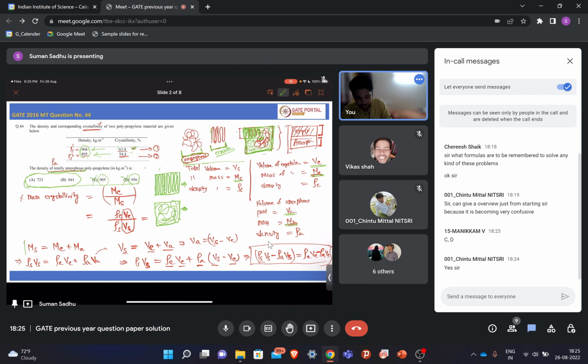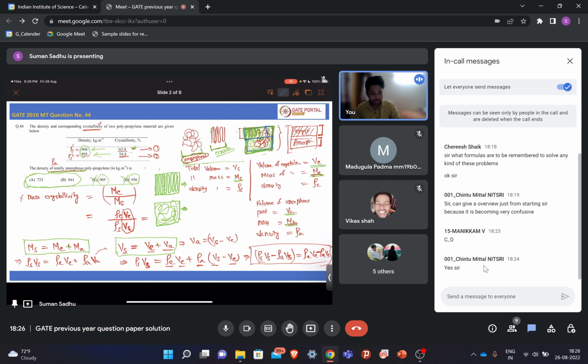Now you can write the total mass as Ms equals Mc plus Ma, right? It is okay up to this? Yes, sir. Okay. Also we can write the total volume as V of the crystalline part plus V of the amorphous part. That means the total volume of this block is the summation of the crystalline part and the amorphous part.